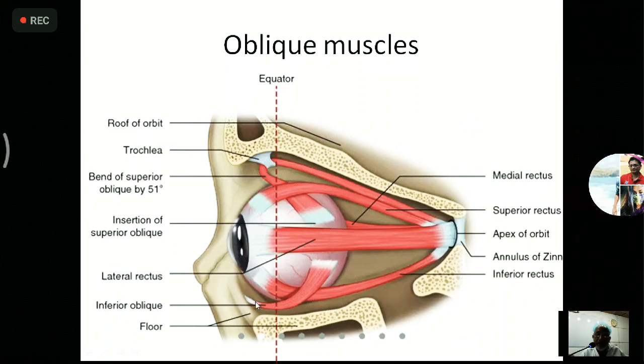And the two oblique muscles, and this is the inferior oblique muscle, short, just over here is the intra-orbital foramen, 5 millimeter below and 10 millimeter medially.